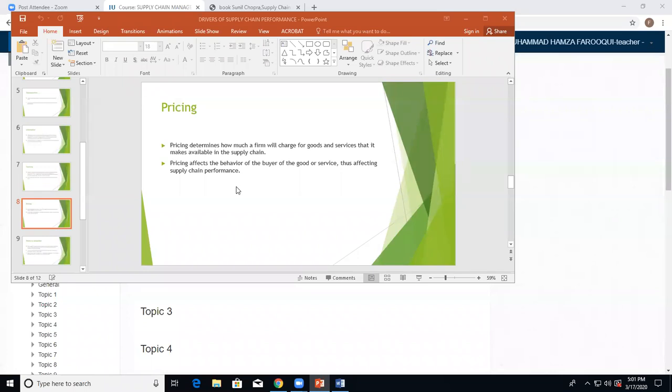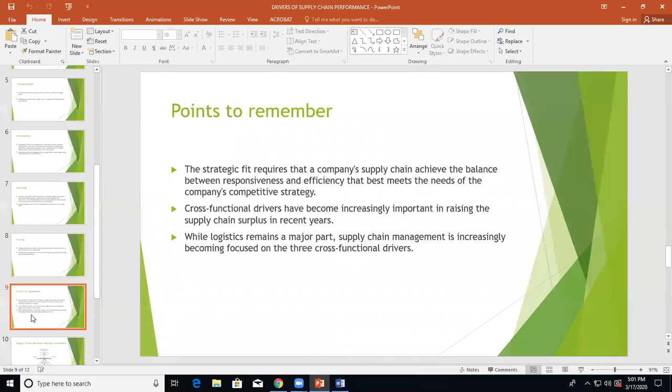Okay? So the differential pricing really impacts, and you use the pricing to cater to different kinds of customers. So that's how you use the pricing. So this is one of the important drivers.